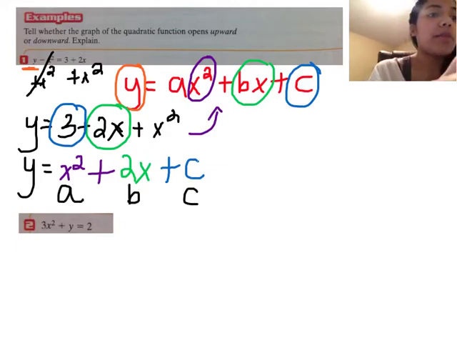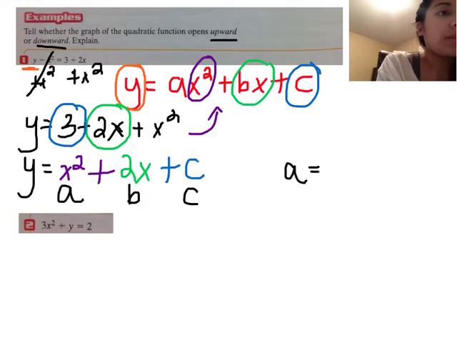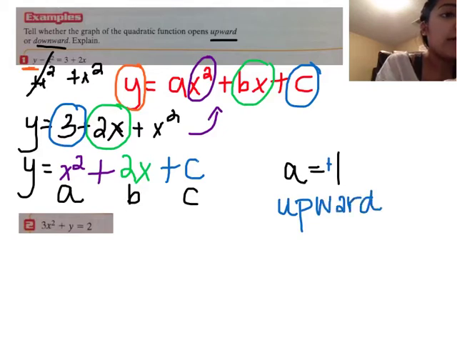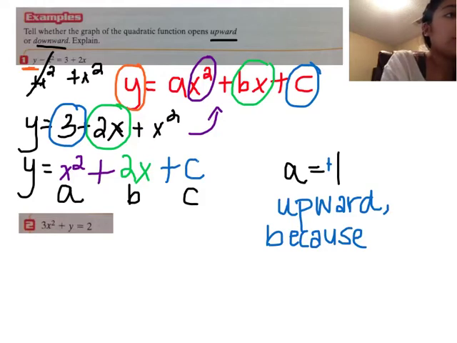I will have my x squared first, plus bx next, so my 2x is next, plus 2x. Then I'll have my c next, which is my constant, and it's by itself. So then I just drop down my y equals x squared plus 2x plus c. Now it's in the correct form.